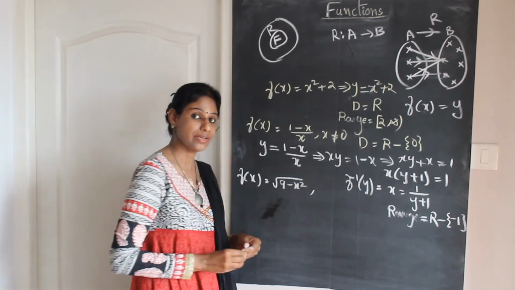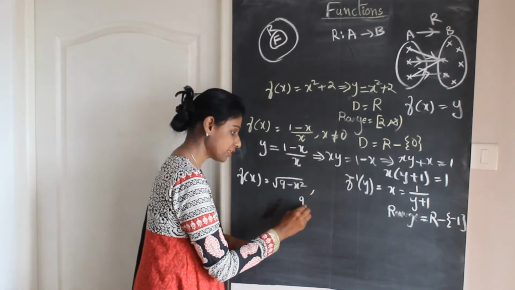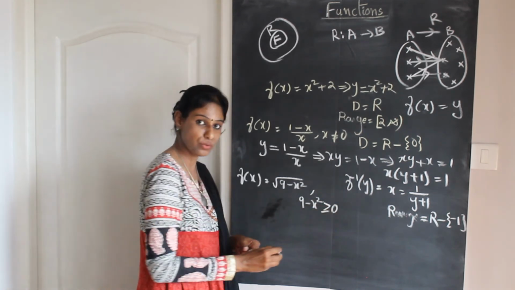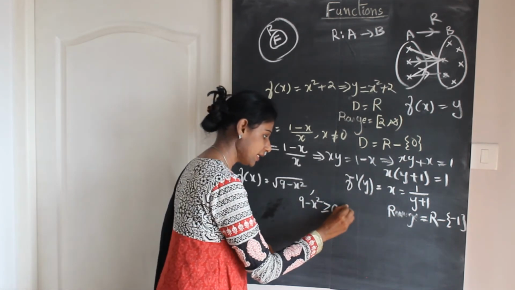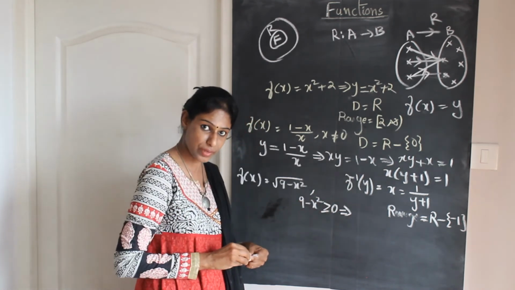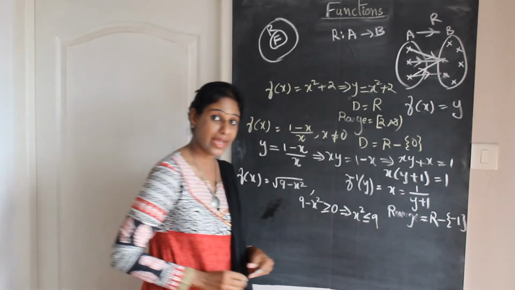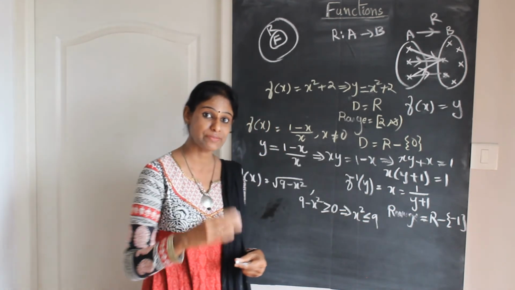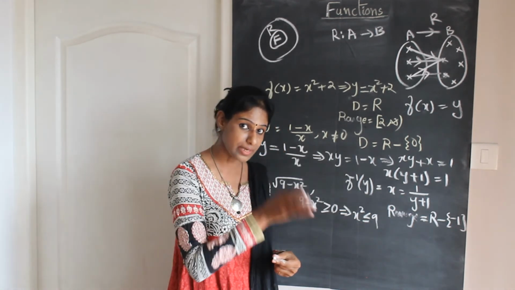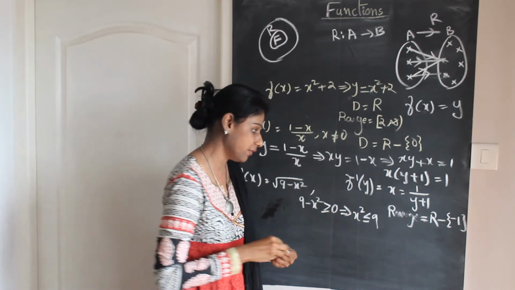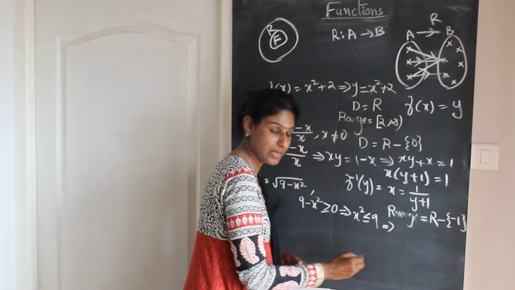So in order to find the domain, the restriction here is 9 minus x square must be greater than or equal to 0. That implies 9 is greater than or equal to x square. That means x square is less than or equal to 9. X square less than or equal to 9 means what is the variation of x? Minus 3 to plus 3, including minus 3 and plus 3. We call it the closed interval.